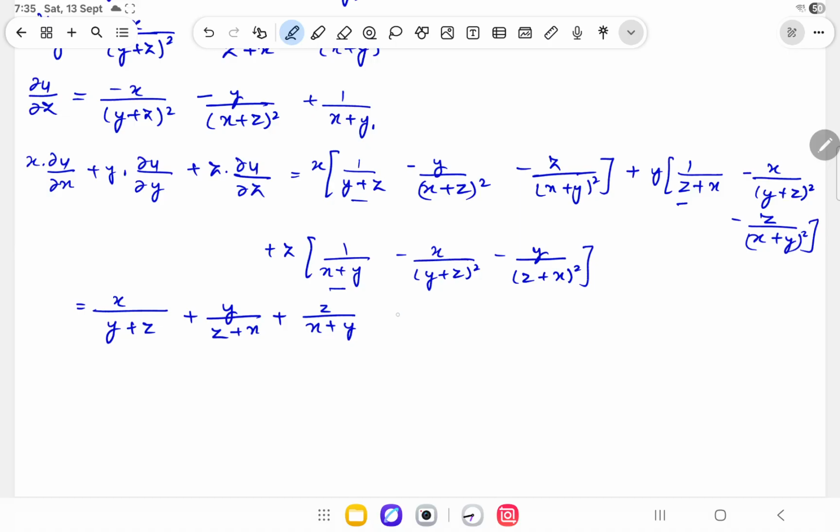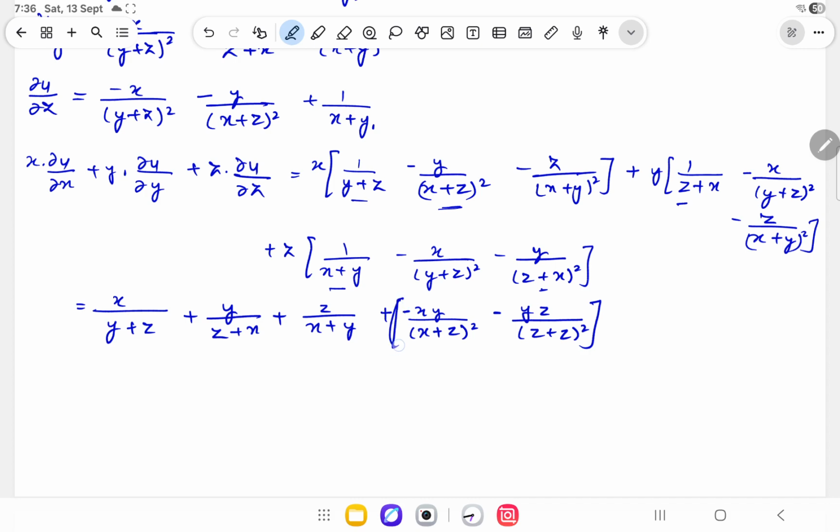The other terms will be basically minus xy divided by (x plus z) square, and the other terms with (x plus z) square in the denominator are minus yz, so it will be minus xy minus yz divided by (x plus z) square.